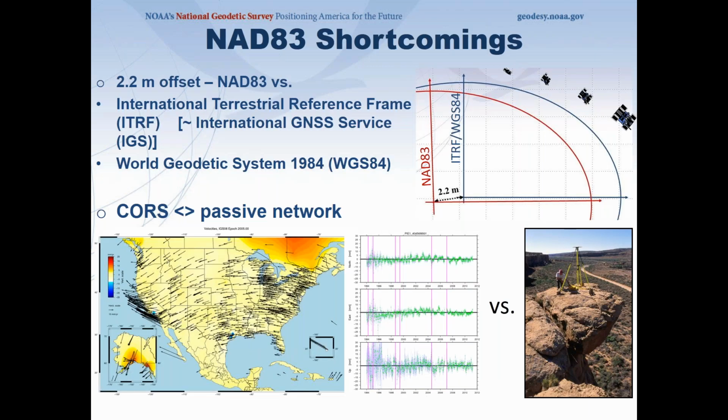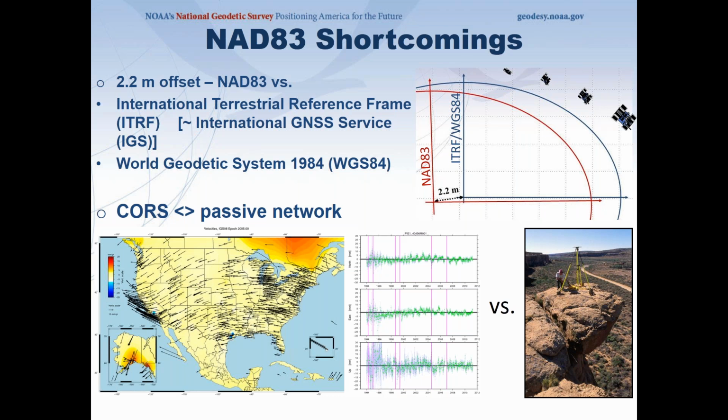So what happened over the years when we had GPS and we had the NAD 83? We had to determine where the center of the Earth was. We had to come up with some value and say this is where the center of the Earth is, at the best that we knew in 1983. But since then, with the advent of satellite surveying or GPS, we know that we are not exactly at the right spot, and we have the International Terrestrial Reference Frame that's used by the whole world as the main reference frame.